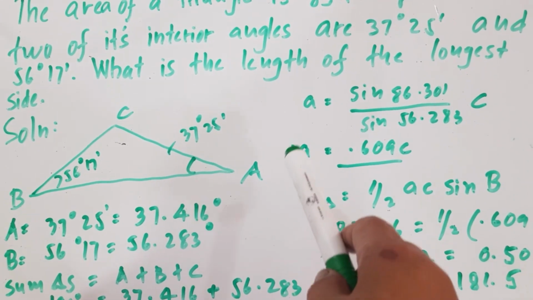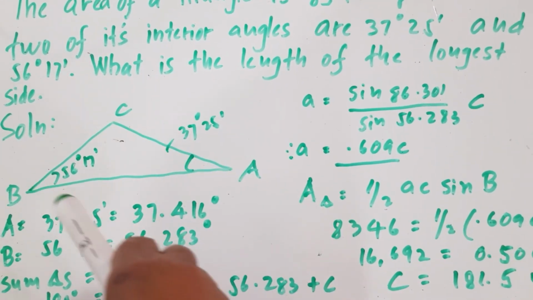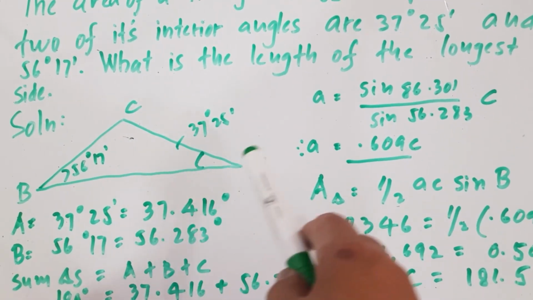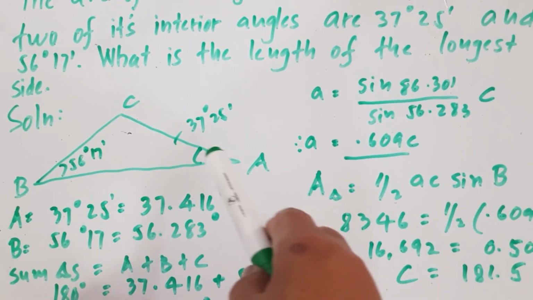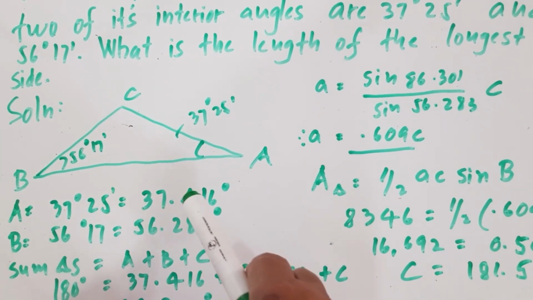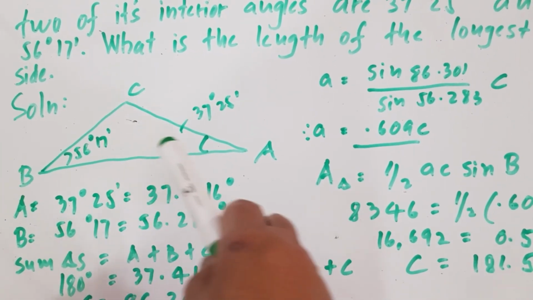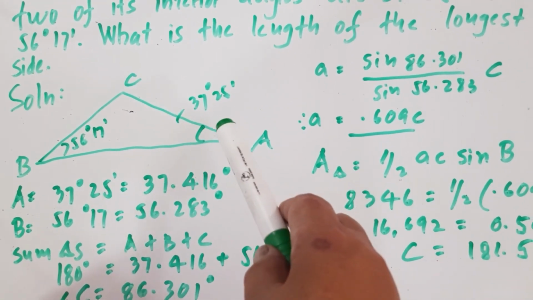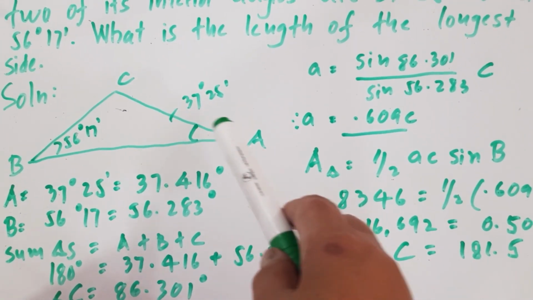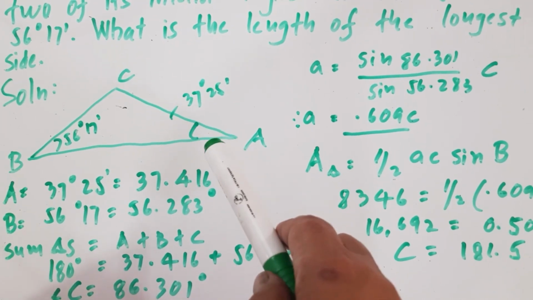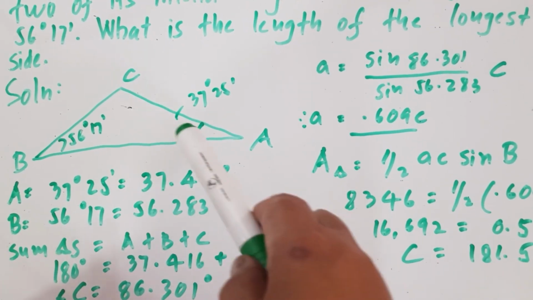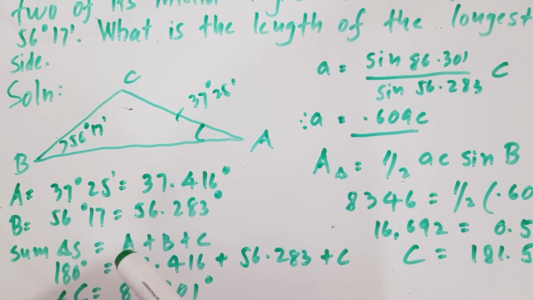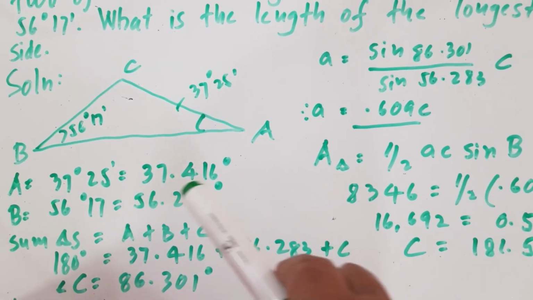Now, as we know earlier, the sum of the interior angles is equal to 180 degrees. Now, angle A plus angle B plus angle C is equal to 180 degrees. Now, we can solve angle C by adding these two, then subtracting from 180 degrees.